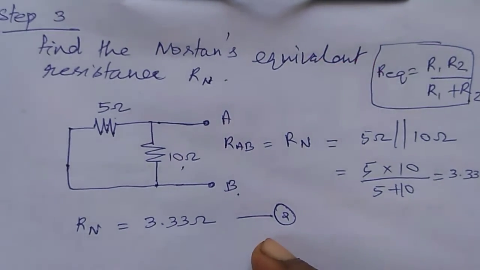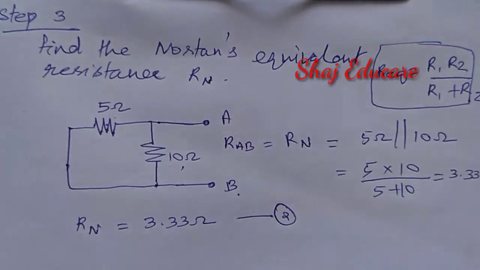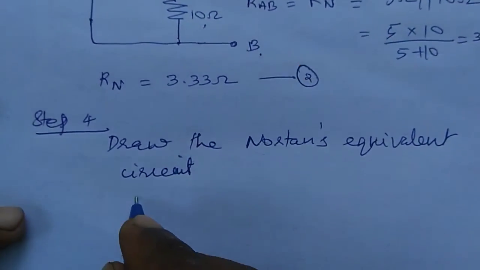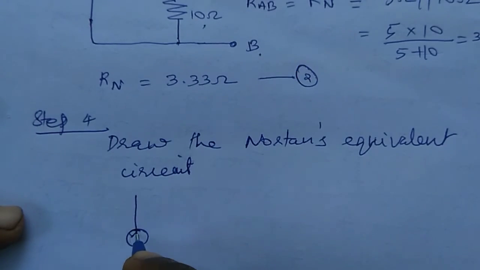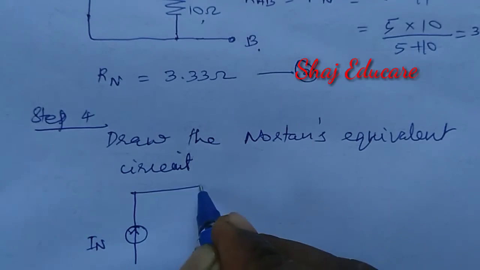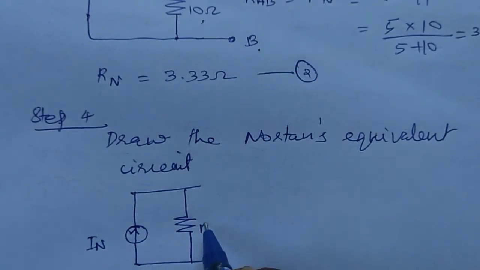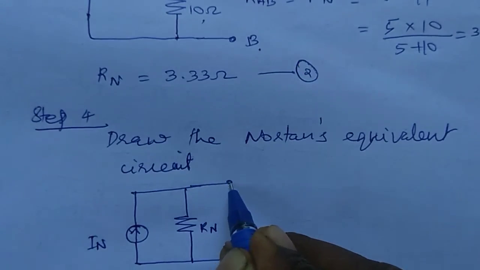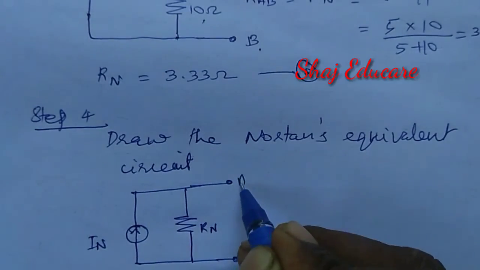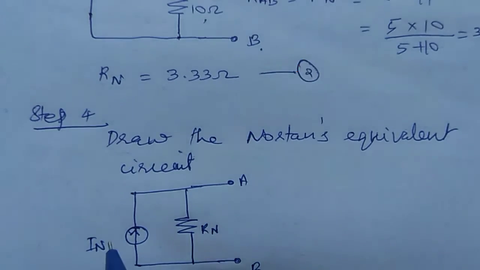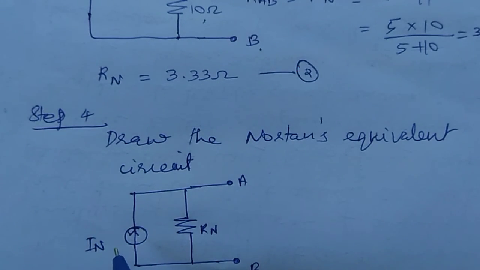Now let us draw the Norton's equivalent circuit. Norton's equivalent circuit consists of a single current source I Norton followed by a Norton resistance Rn, then points A and B. What about the magnitude of IN?